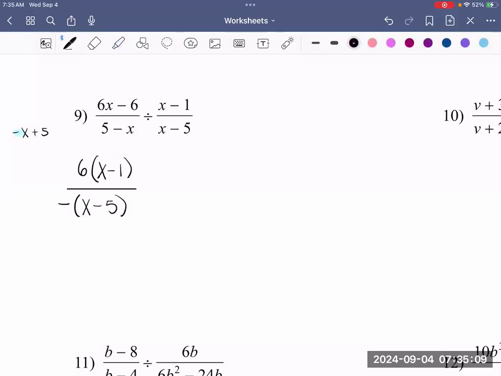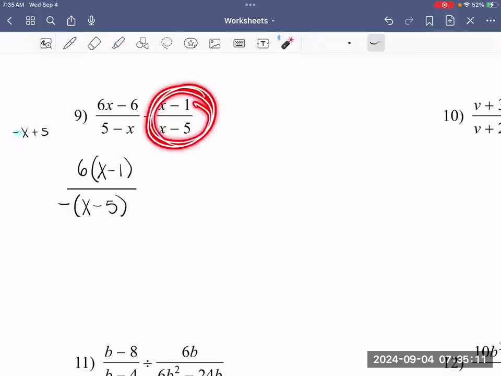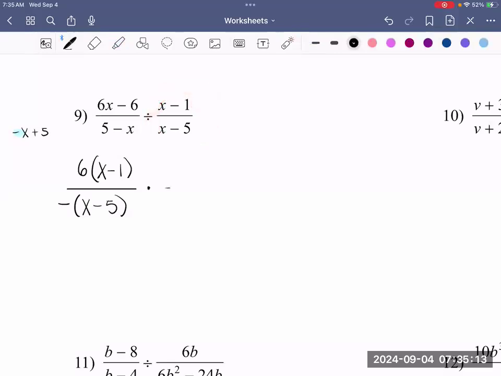Then we can go ahead. Since this isn't really factorable, we're just going to do a keep, change, flip. So let's flip everything. X minus 5 and an x minus 1. We can go ahead and cancel. We're left with 6 over negative 1, or if you prefer, just negative 6.